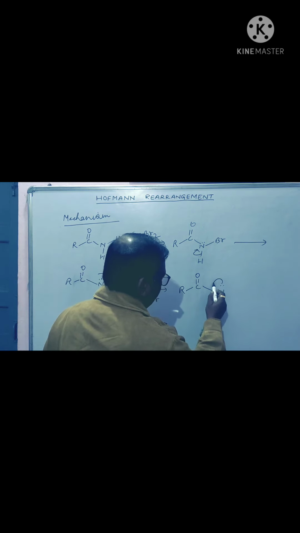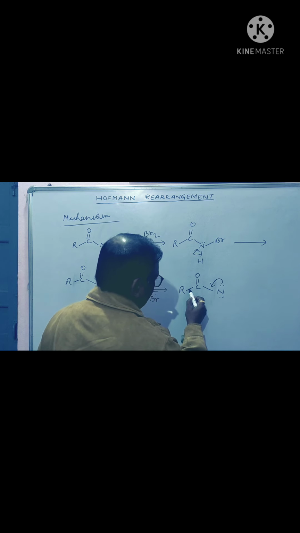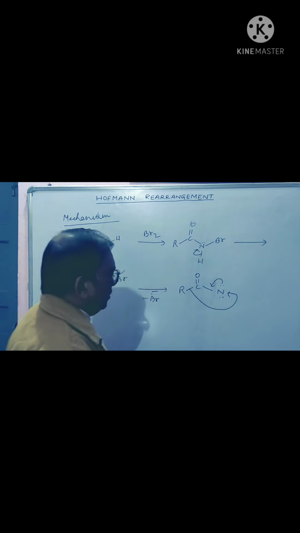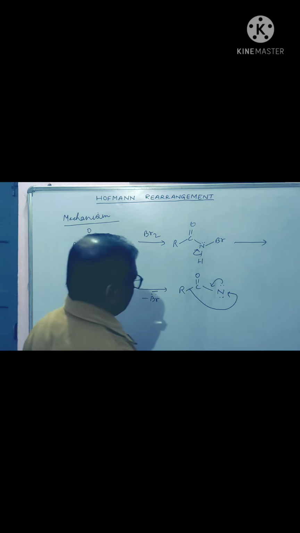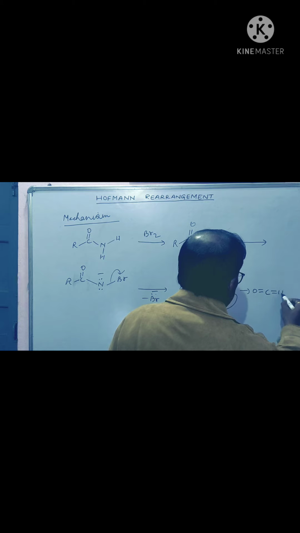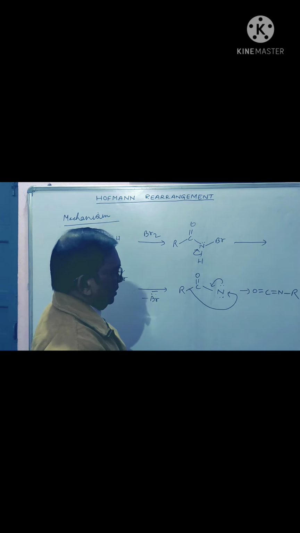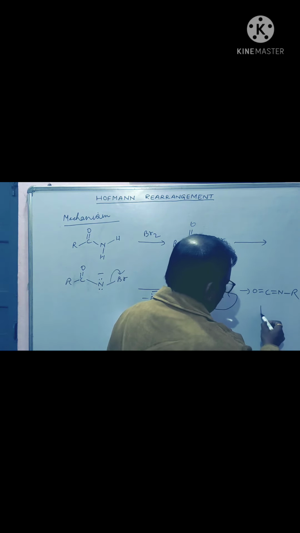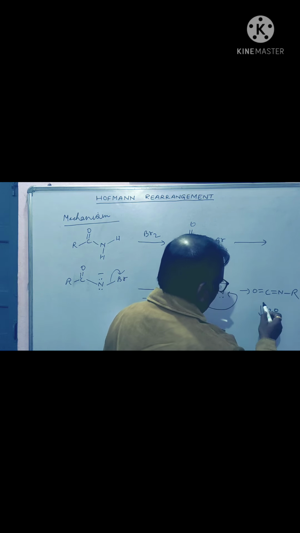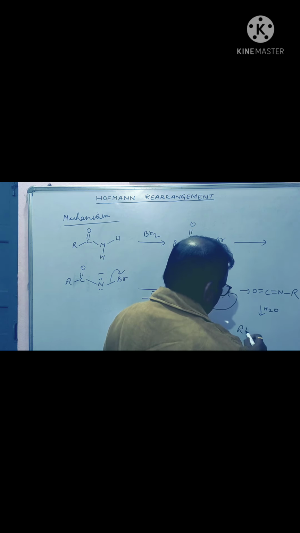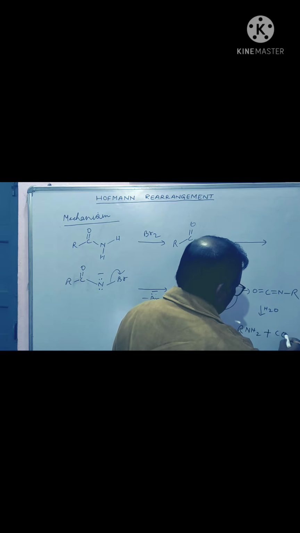Now this alkyl group will rearrange, will come here with this bond, leading to O double bond C double bond N single bond R. And when it is hydrolyzed, water will attack here, you will get RNH2 plus CO2.